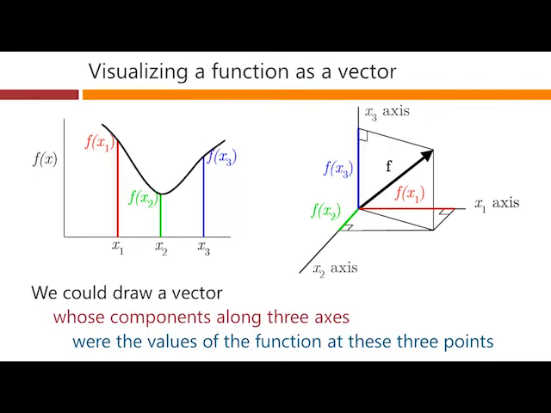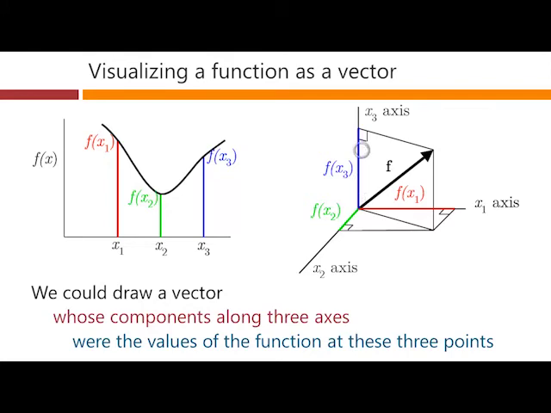This is ordinary Cartesian space. We've got our x1 axis, our x2 axis, and our x3 axis, as we're calling them now. And you see that this vector f here has got a little green line as its projection in this x2 direction, so that corresponds to that short line there.